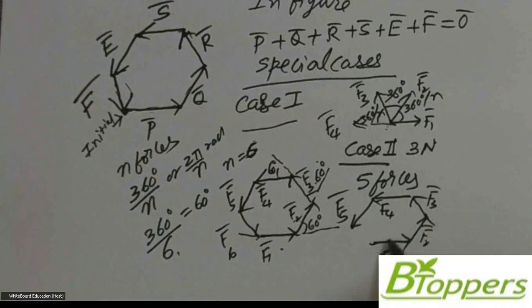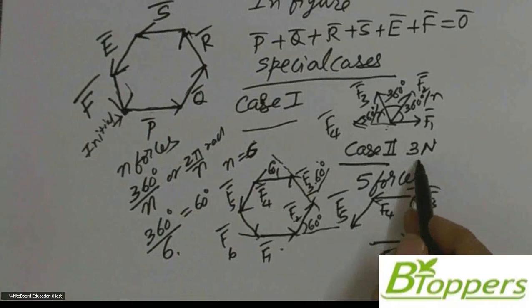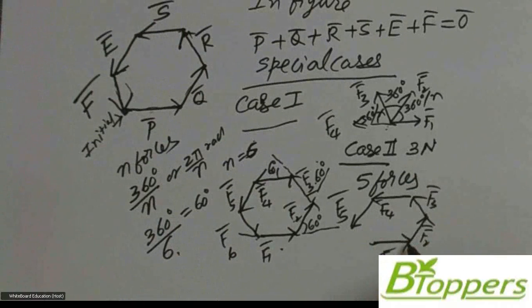But you have only 5 forces with the same magnitude, for example 3 Newton, acting in this manner. That means each one making an angle of 60 degrees with the previous one. Then they can be graphically represented along the 5 sides of an incomplete regular hexagon.